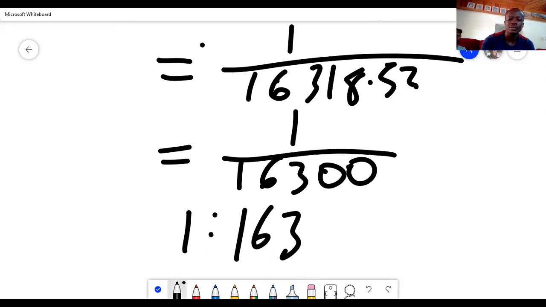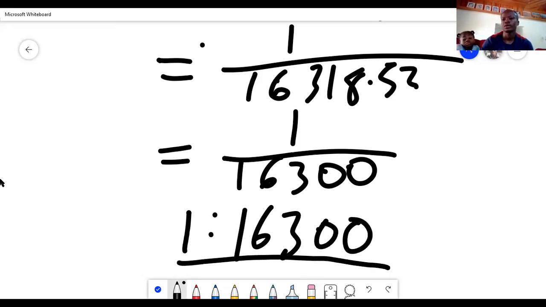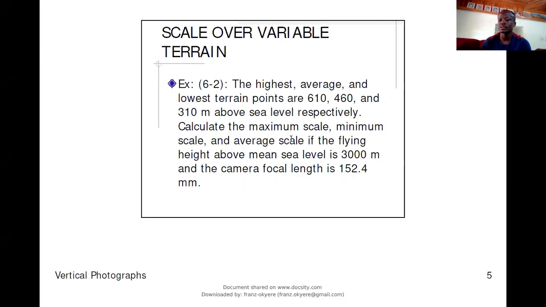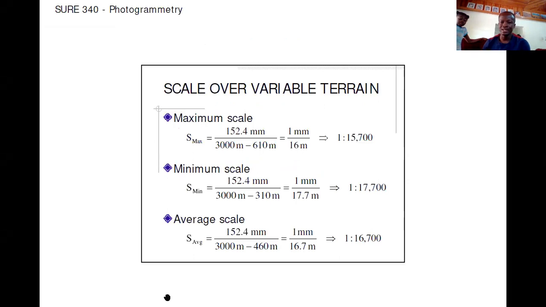Okay, so this is what I'm expecting you to do. And when we go back to the notes, in a question like this, you see that we're not really bothered about the formula itself. Like I said, our main challenge is how to get the scale on the right hand side, as you can see over here.